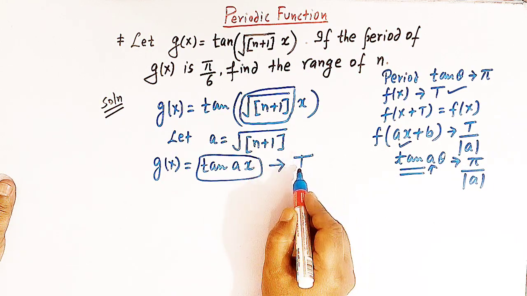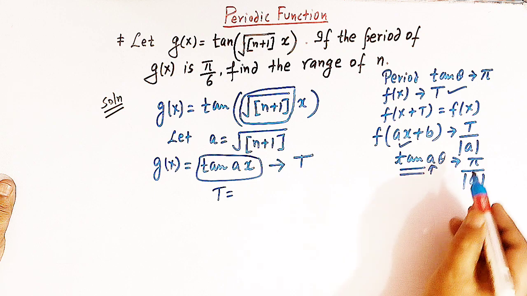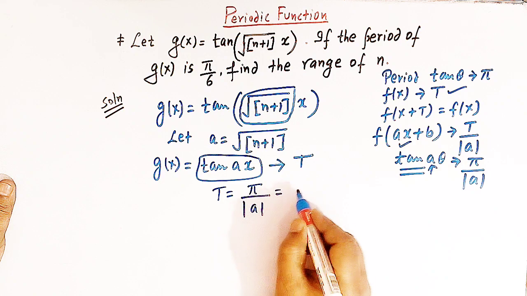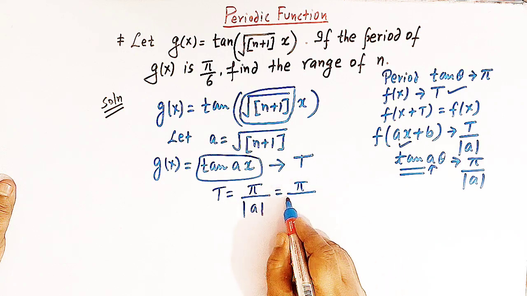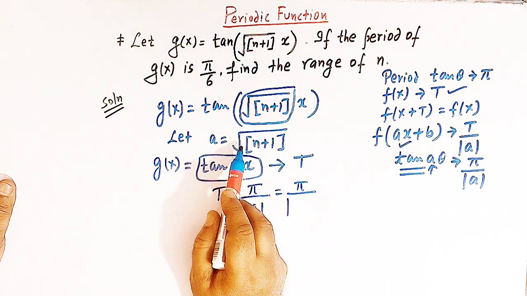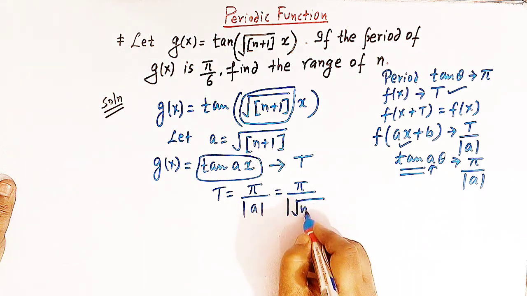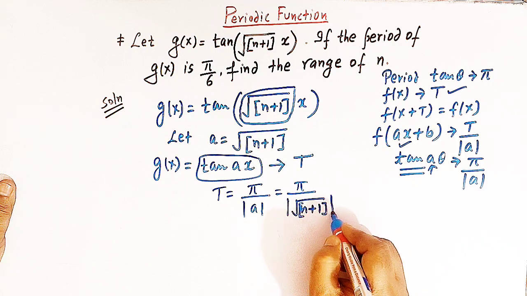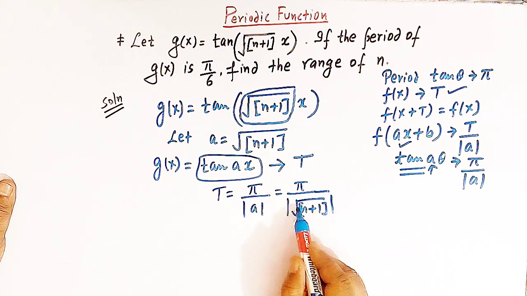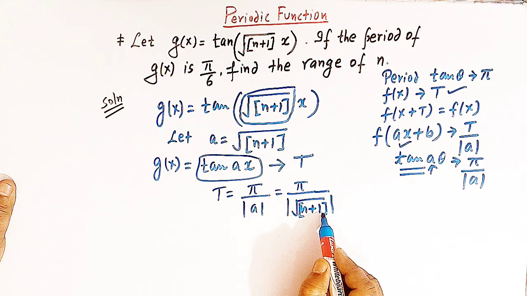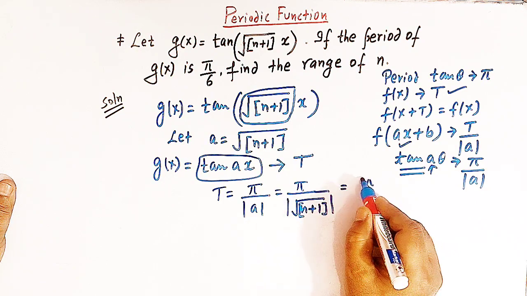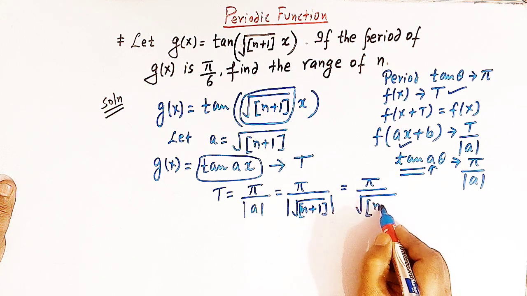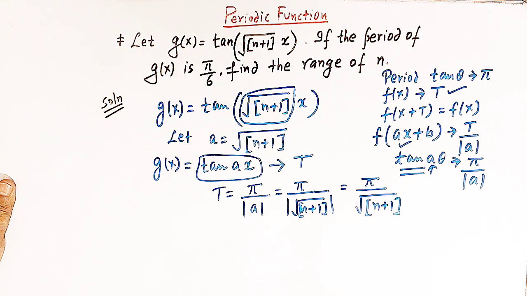Now this period t is given by pi over the mod of a, which is pi over the square root of the greatest integer of n plus 1, right?